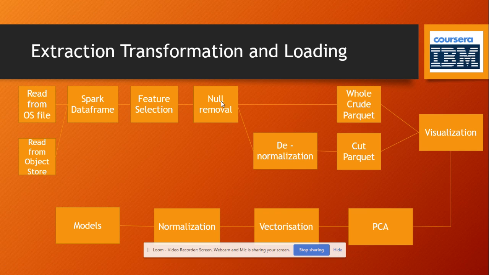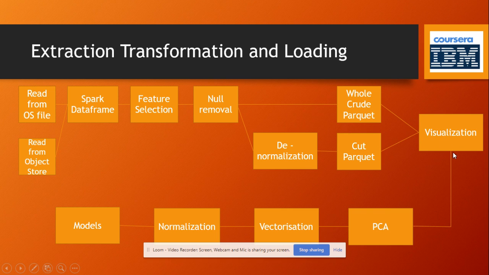Then for the cut data, I had to do a denormalization because the individual properties were maintained in row format, and I had to make it into column format. This completes the ETL part, and we then saved the data into a Parquet file. On the Parquet file, we then performed visualization.